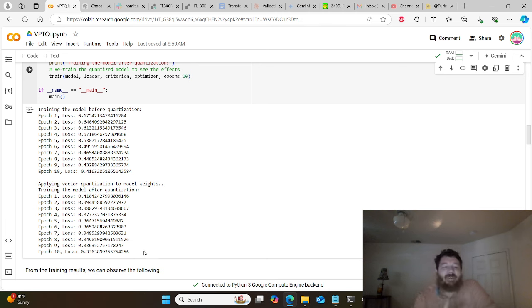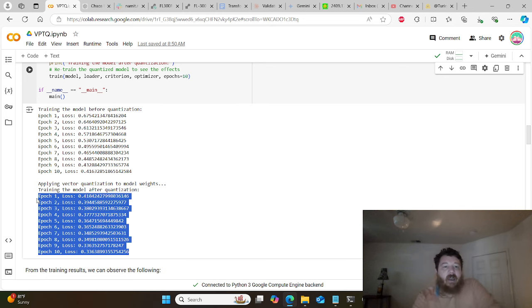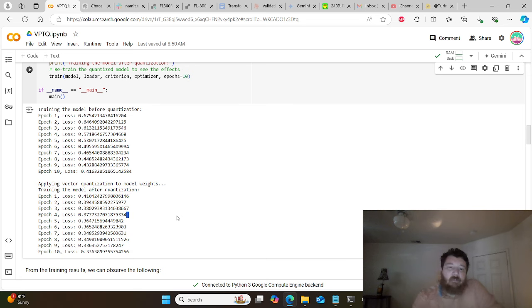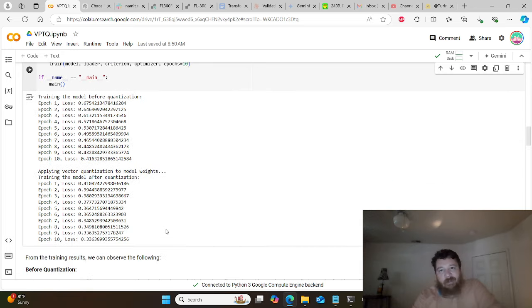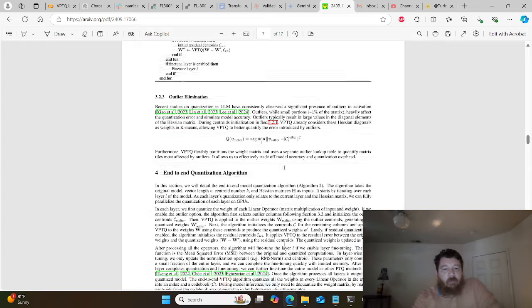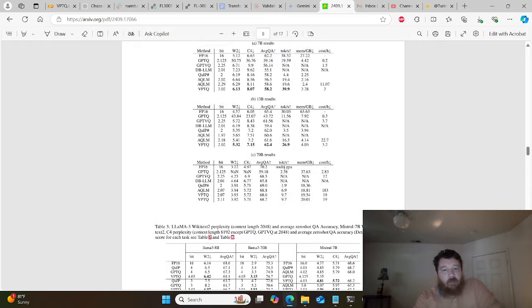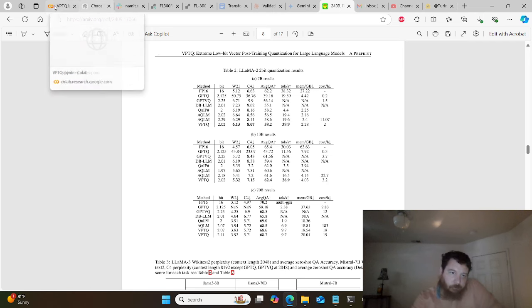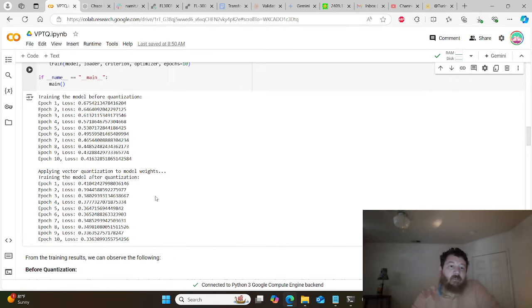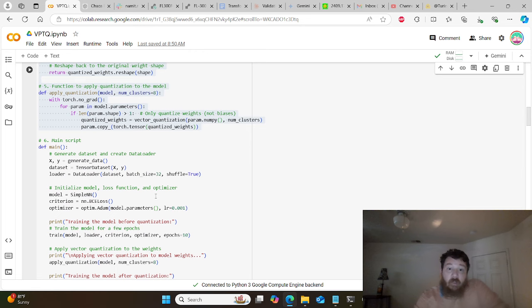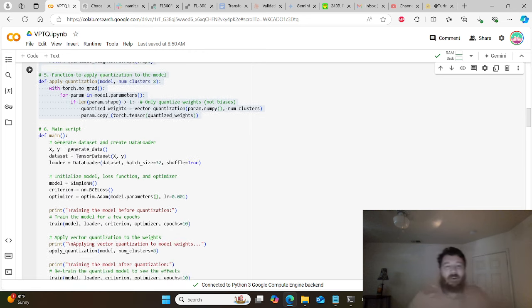So you can noticeably see that the loss rate is not as good here, but that's expected, right? We expect some sort of performance loss, and if you read through the paper, their performance loss and their metrics on most models is around 4 to 5% degradation, which is actually super phenomenal as far as quantization.